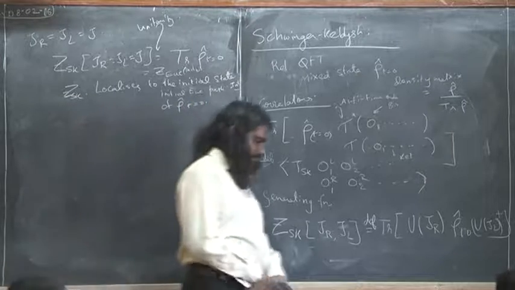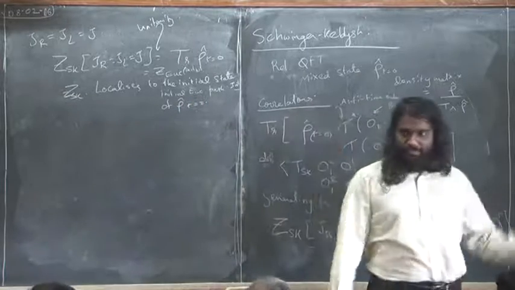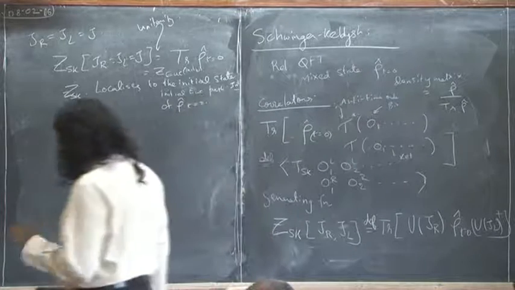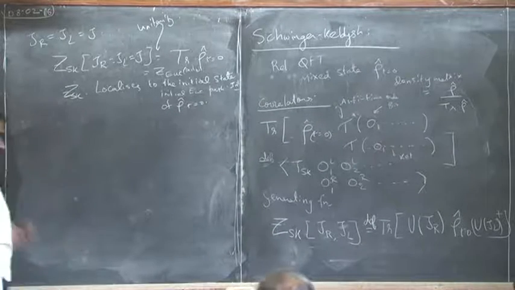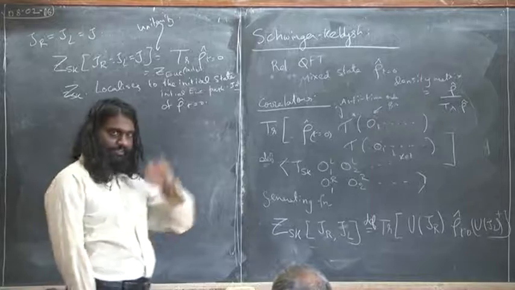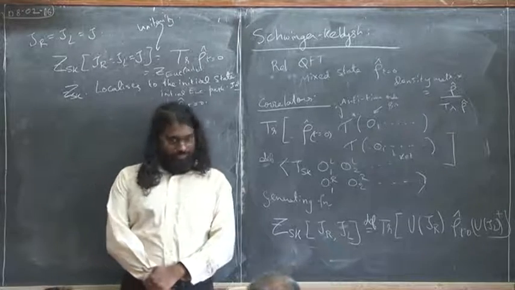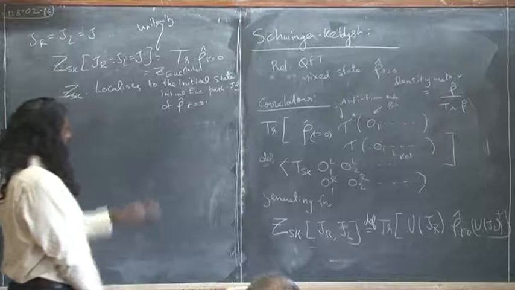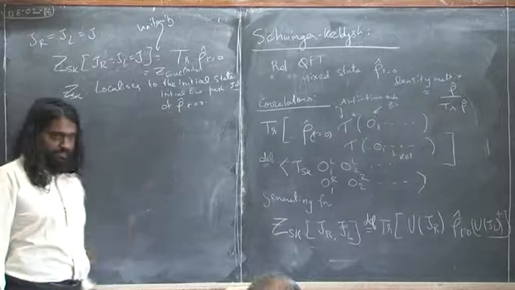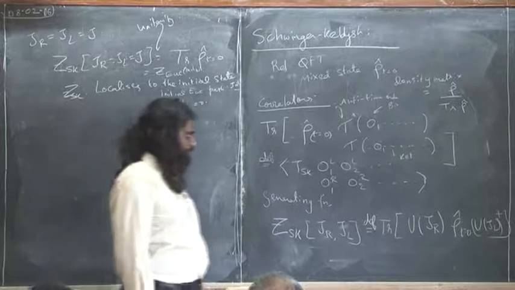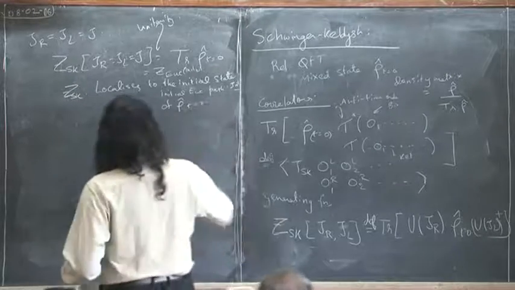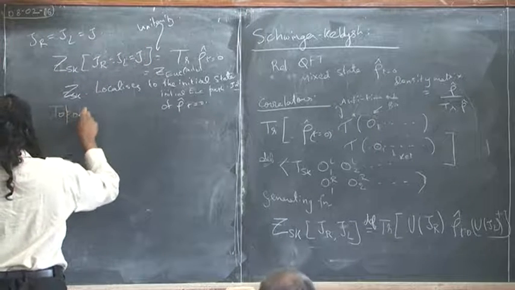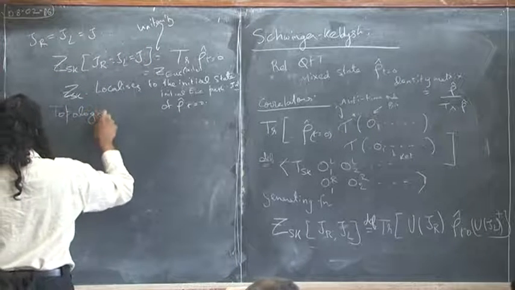For example, take some thermal equilibrium state with temperature T. There's a Euclidean path integral associated with it, which is just a Euclidean time circle with radius 1 by T. So this path integral reduces to that. In some sense you can also call it the topological limit.